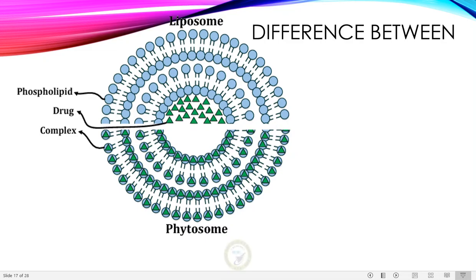So what is the difference? Here is the structure of liposome and here is the structure of phytosome. Liposomes act as a carrier and entrap the drug molecule. However, in a phytosome, the drug molecule, we can see, is reacted and entrapped in the phosphatidyl head, the lipophilic head.